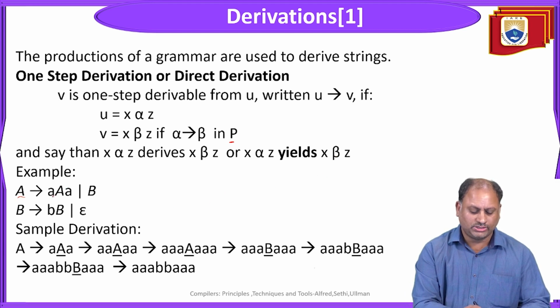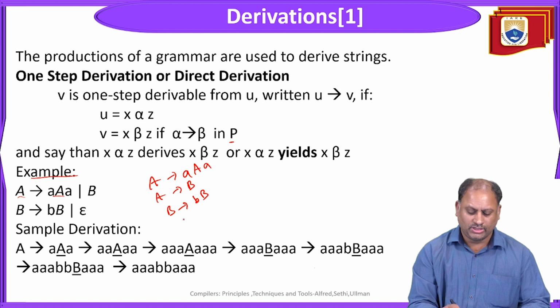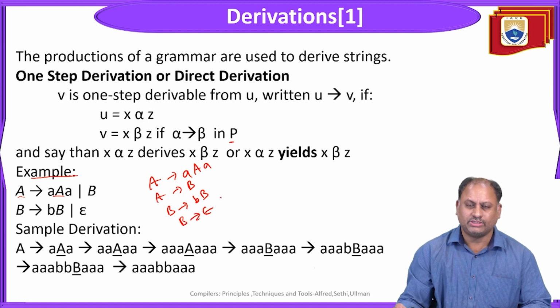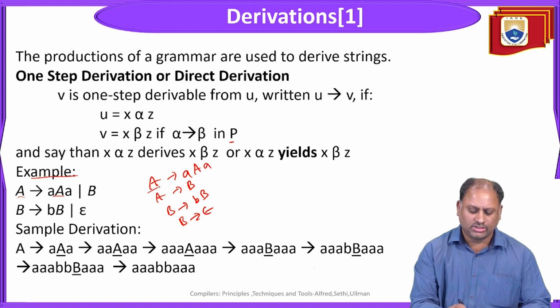Here the productions are given: A derives small a, capital A. In this example, the first production is this one and the second production is A derives B. The third production is B derives small b, capital B, and the fourth production is B derives epsilon. So for derivation of a string, let us start with the first derivation, that is A derives small a, capital A.